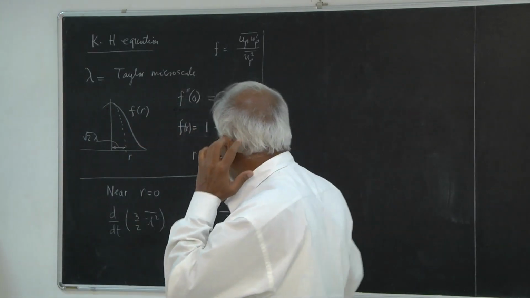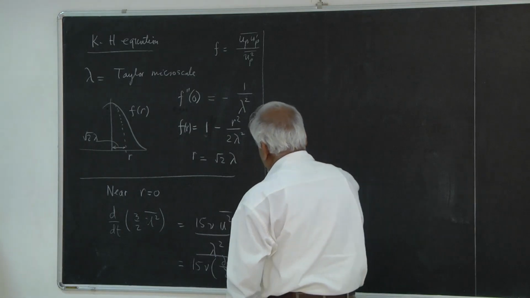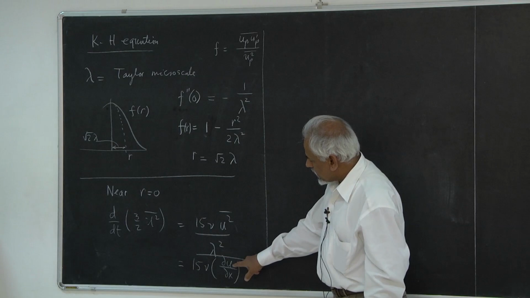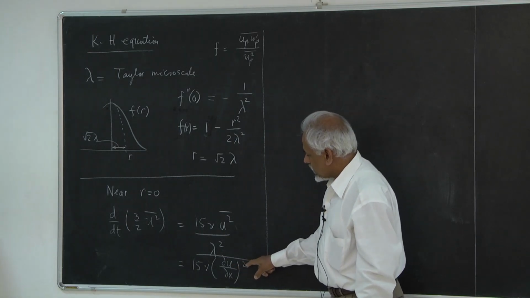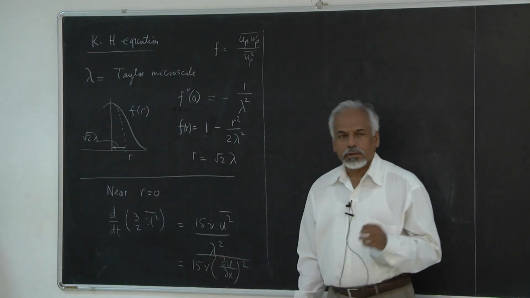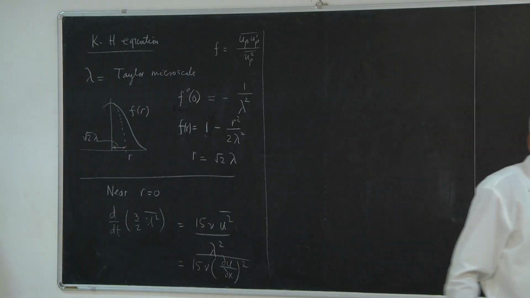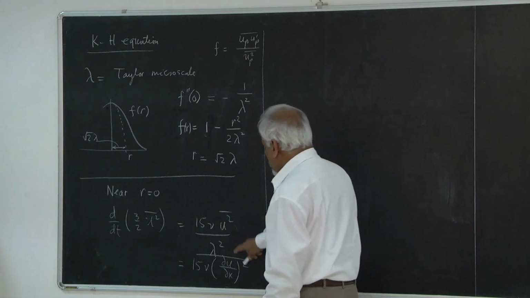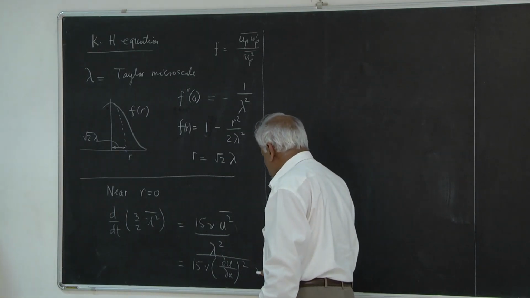But that is the standard relation. So basically what it means is if you measure the gradient of velocity in one direction, square it, average it, and multiply by nu, you will get the dissipation. So just equating these two, you have to take this on faith, okay?